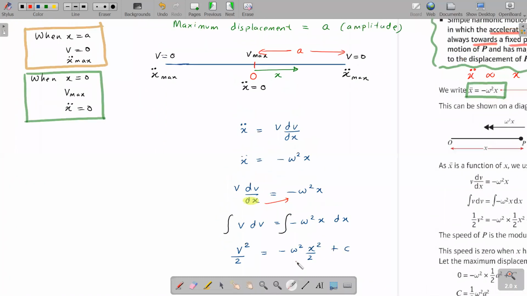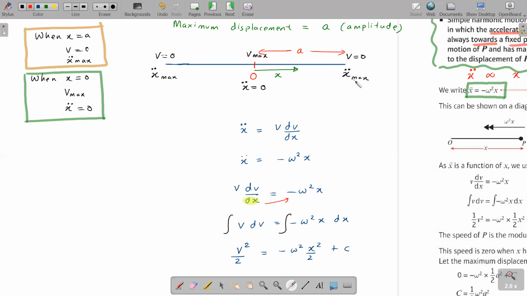Okay, guys. So what we need to do now here is we have these values over here. So we need to just input these values into this equation to get the value of our c. I hope you guys were able to understand how this works, right? So once again, when you're moving away from the center, you are slowing down.